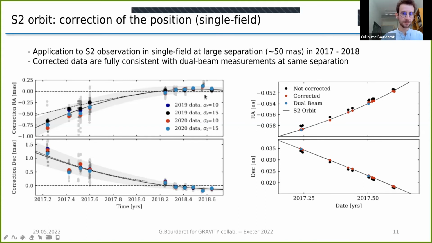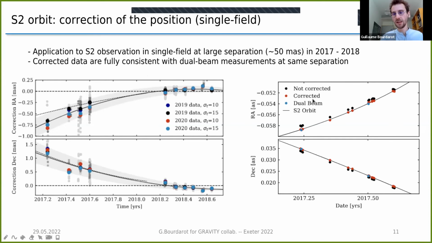Here is the correction of this effect. In gray are the individual astrometric points, and in blue and black the average of these individual observations, and this value is the correction applied to the position of S2.